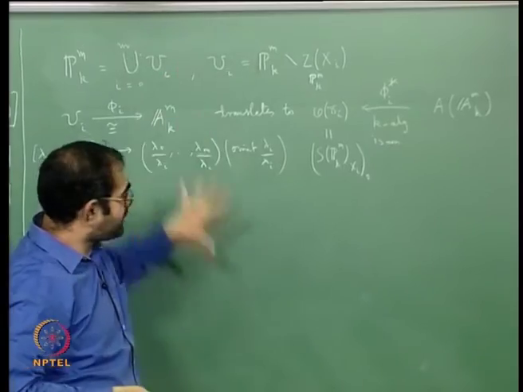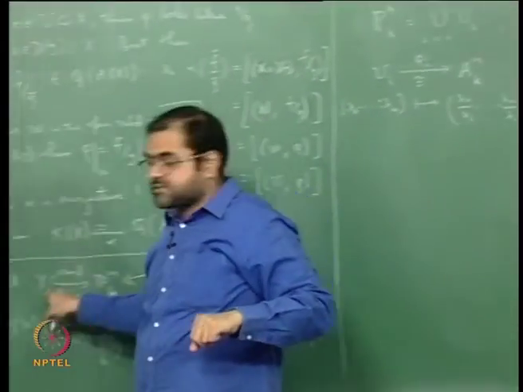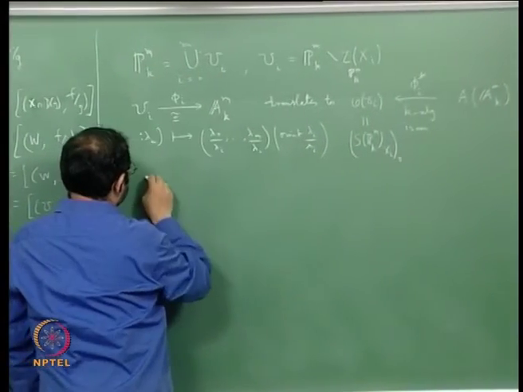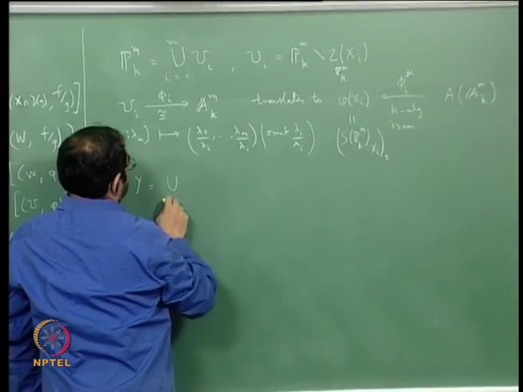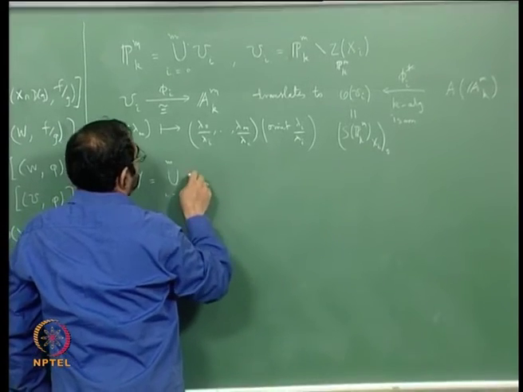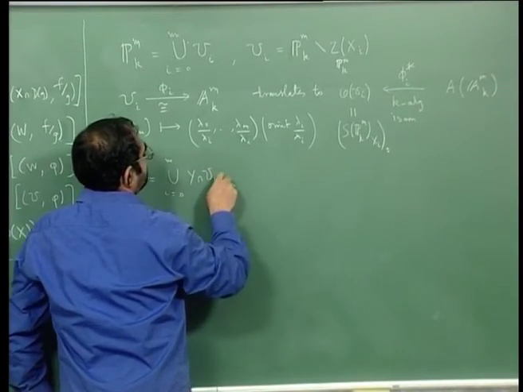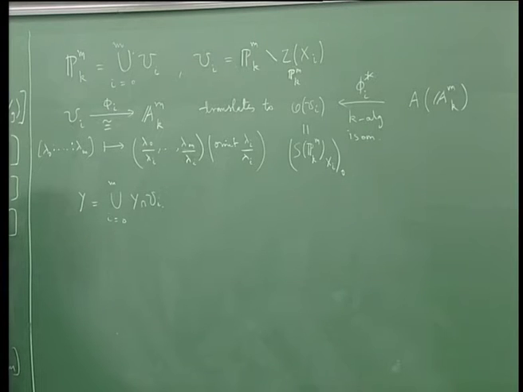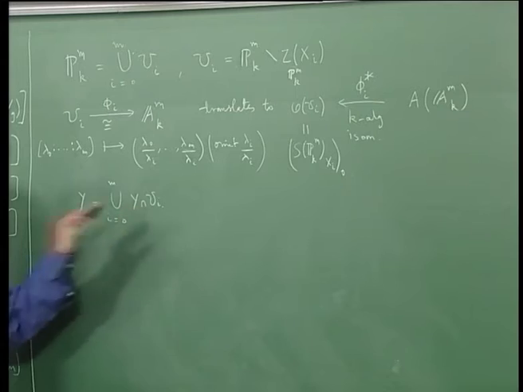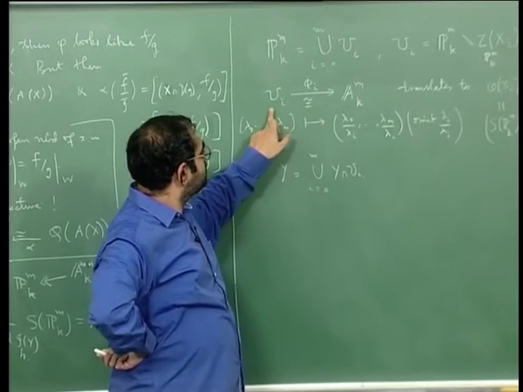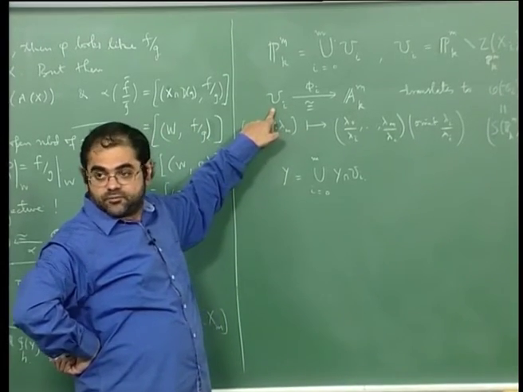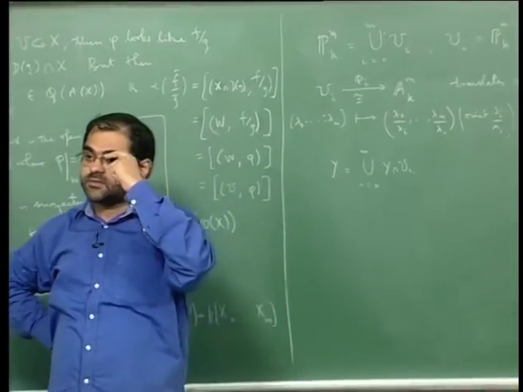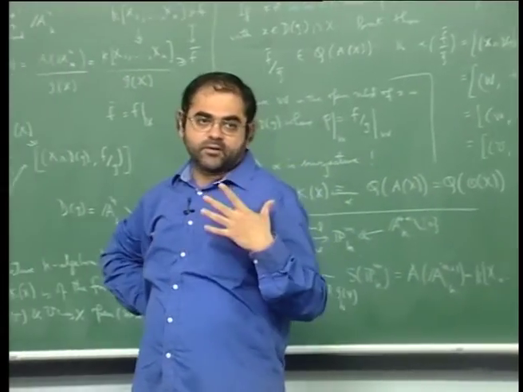Now you rewrite the picture that corresponds to this closed subset Y. If you intersect with Y, you get Y also as a union over i equal to 0 to m of Y intersection U_i. So Y is covered by these Y intersection U_i, and each is an irreducible closed subset of U_i, and under the isomorphism phi it gives you an irreducible closed subset of affine space, so it corresponds to an affine variety.